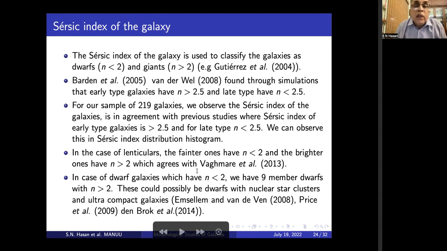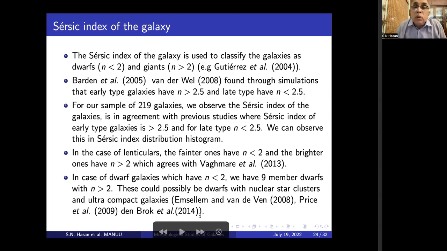In the case of lenticulars, the faint ones have Sersic index less than 2 and the brighter ones have Sersic index greater than 2, which agrees with Wagner. In the case of dwarf galaxies which have n less than 2, we have 9 member dwarfs with n greater than 2.